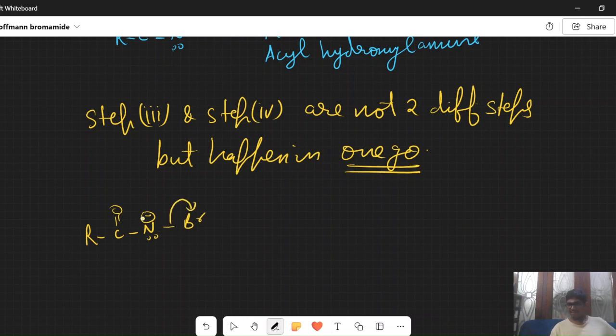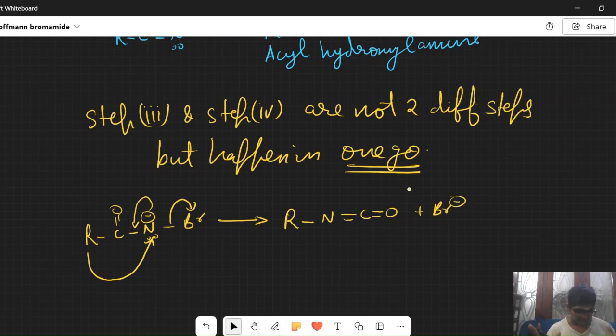Br minus leaves, nitrogen shifts its electron here, and at the same time the entire carbon chain rearranges here, giving us R N=C=O plus Br minus. This is the beauty of the reaction. This happens through a transition state. Now, which is the transition state? I will again draw the transition state here.